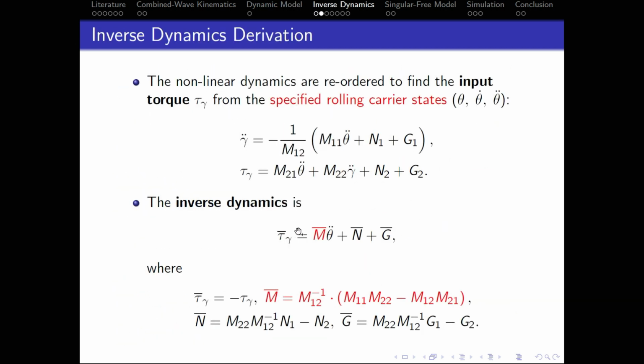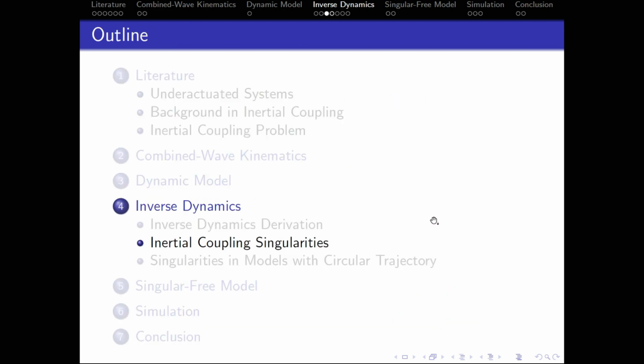proposed wave. So to obtain the inverse dynamics, we find the output as a torque, and we specify our rolling carrier states. Therefore, we substitute our constraint equation into the main rolling equation with the torque, and we obtain our inverse dynamics. Please note that the new inertial matrix is transformed to a different form right now.